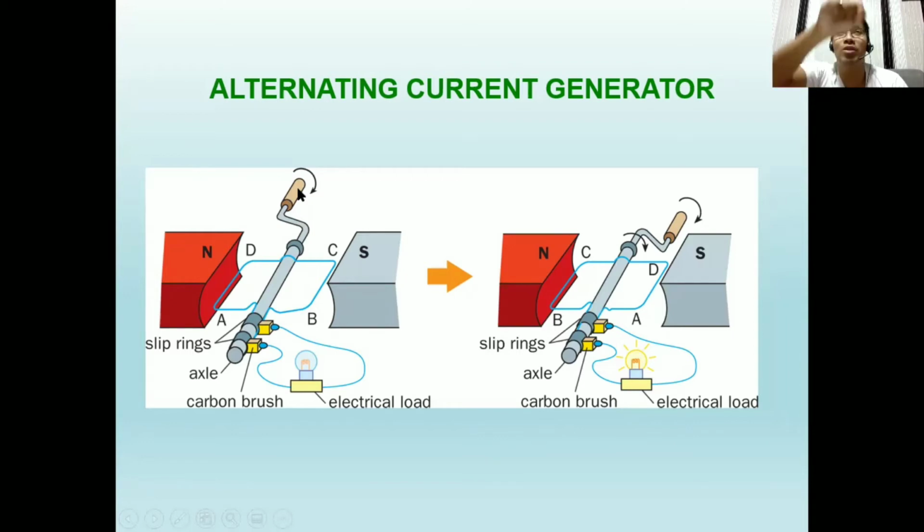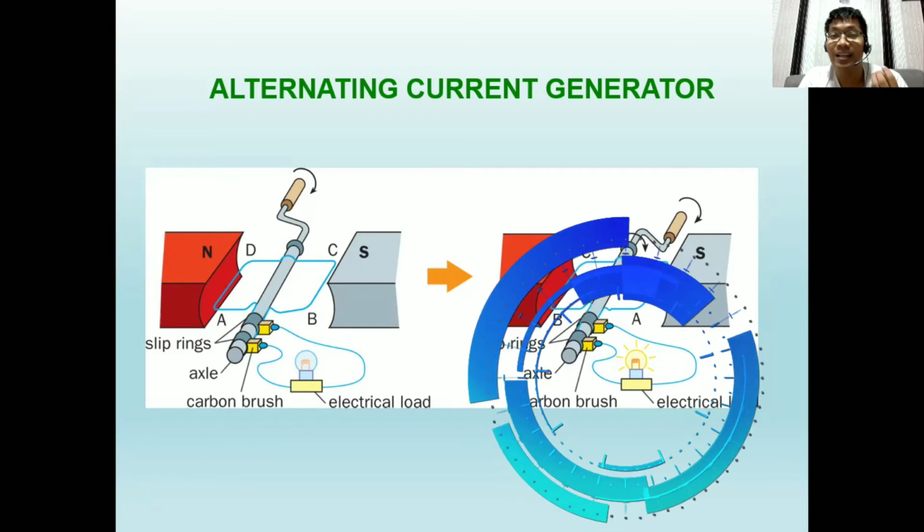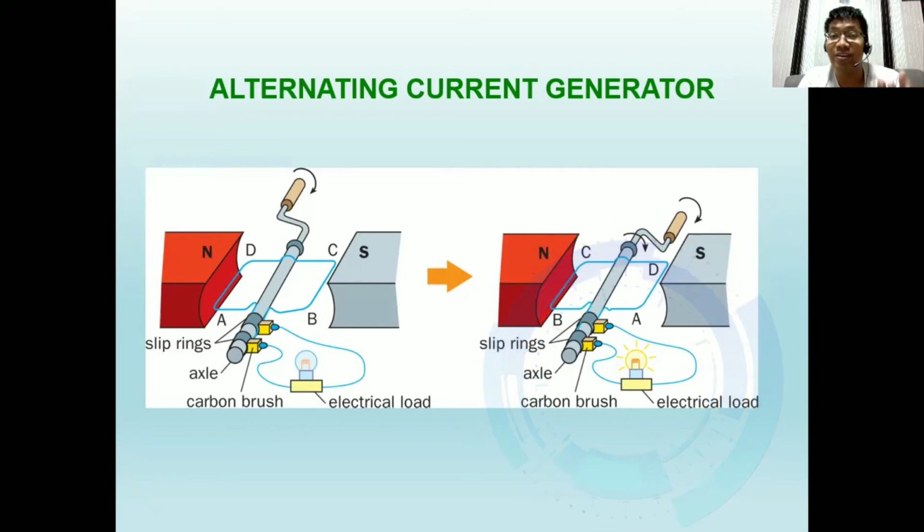So, ibig sabihin, minumove natin ang rectangular coil dito. So, meron tayong mechanical energy in the form of kinetic energy. And later on, kung nakita ninyo, nagkaroon ng changes sa position at kung titingnan natin ang electrical load, the bulb lights up or emits light. Thus, electric current is produced.